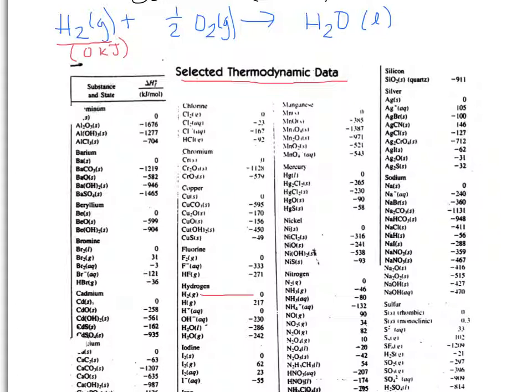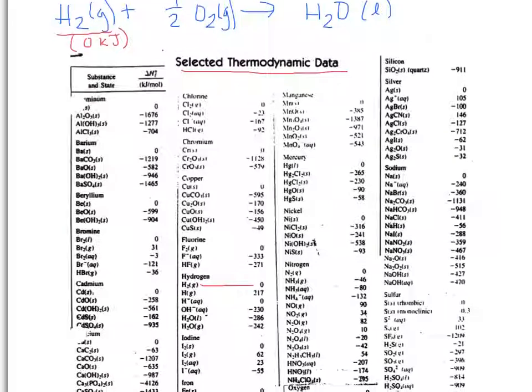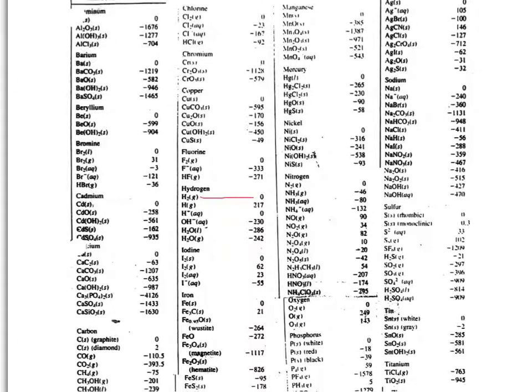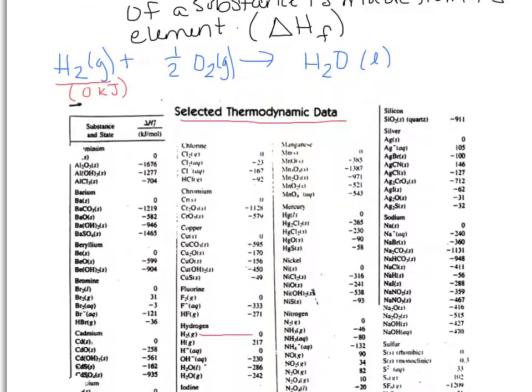And then we're looking for O2. Okay, so if I go to the table here, they're in alphabetical order. We're going to scroll down a little bit here, and we're going to look for oxygen. Here it is. Here's oxygen, which also has 0 kilojoules per mole. And the last thing we're looking for here is water. Okay.